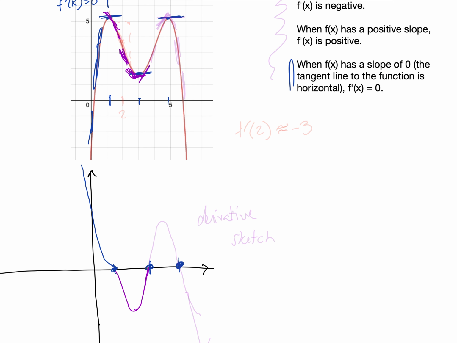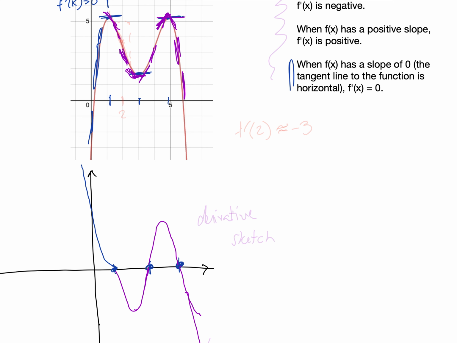Then we start with a small positive slope, which becomes a larger positive slope and becomes smaller positive again, right before that 0. So we've got the same kind of thing going on, maybe something like this. And then we hit this horizontal tangent line and start going downwards. So we've got this negative slope that is increasing, so maybe something like that.